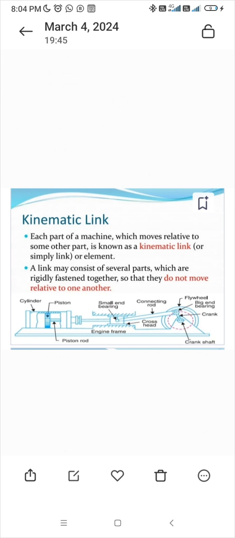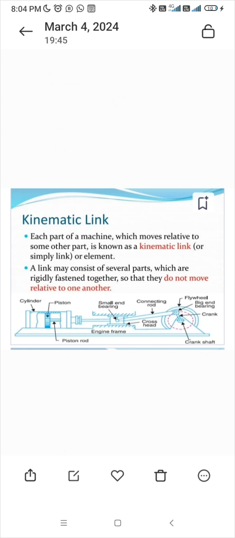Why am I saying the piston rod and crosshead constitute the first link? Because if the piston is moving right side or left side, the piston rod is also moving on the same path. Similarly, the crosshead also moves on the same path.